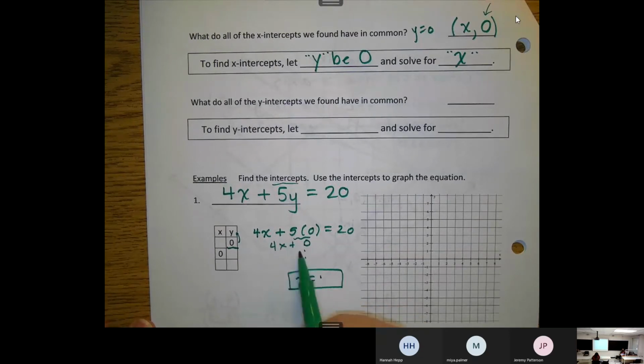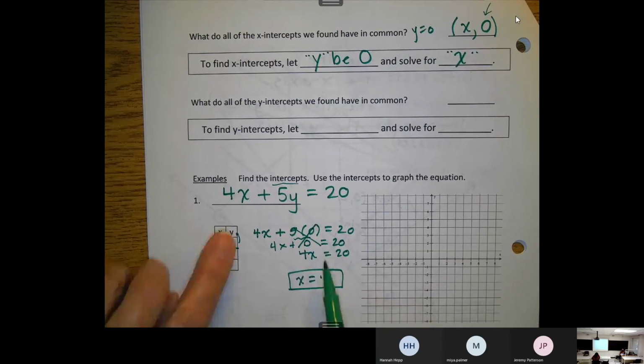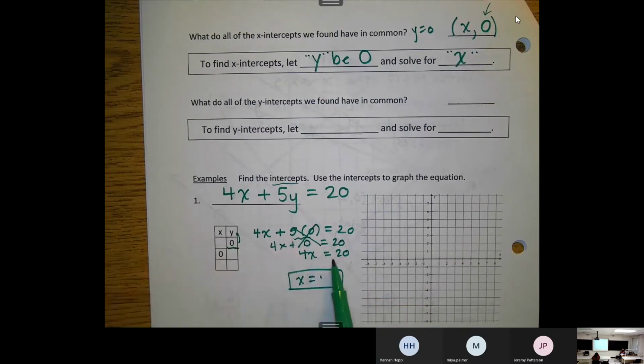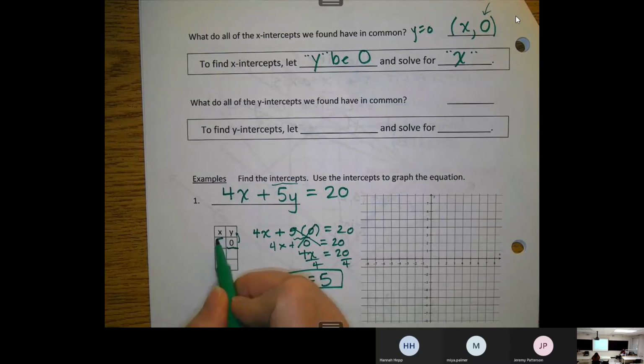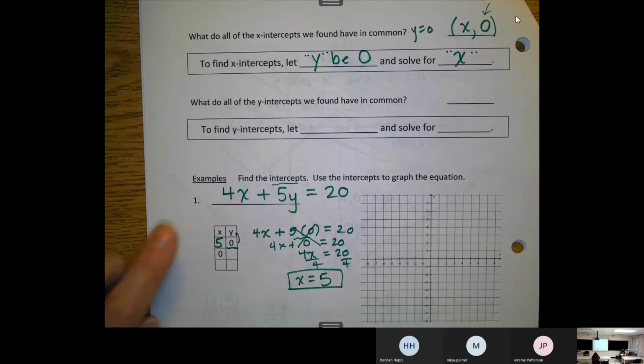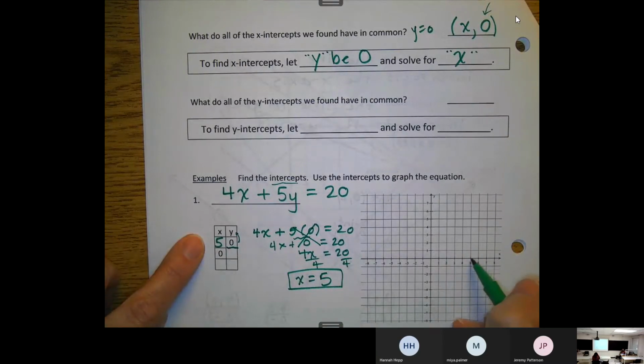And when I add 0 onto 4x, I still just get 4x. As you do several of these, you'll notice the 0 part really just disappears. So you might just jump right down to 4x equals 20. And then we'll solve. So it looks like x would equal 5. In other words, this line is going to cross the x-axis at 5.